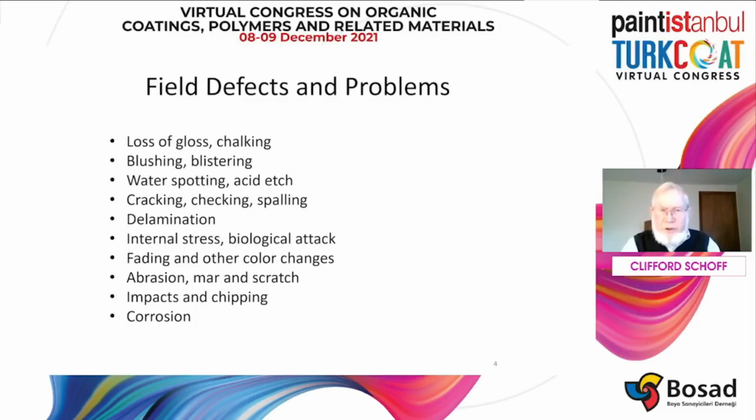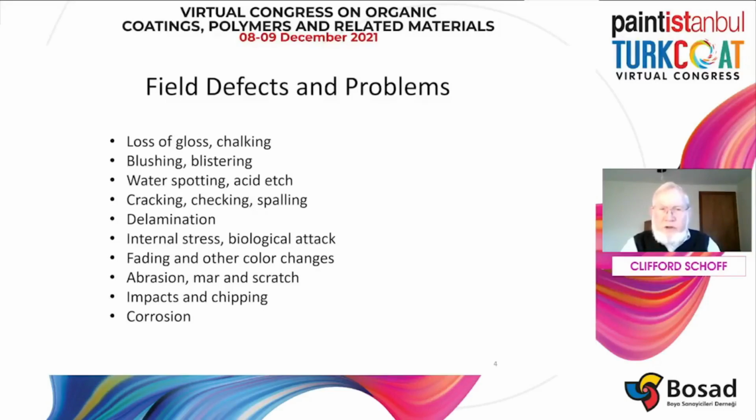Blistering appears when a paint, in fact, has water on it, and sometimes in sun, a freshly painted surface will form blisters. Air pollution has been noted for causing water spotting and acid etch, especially acid rain. Cracking, checking, spalling, all are related. Delamination.